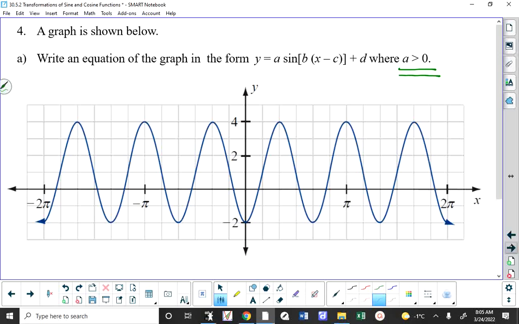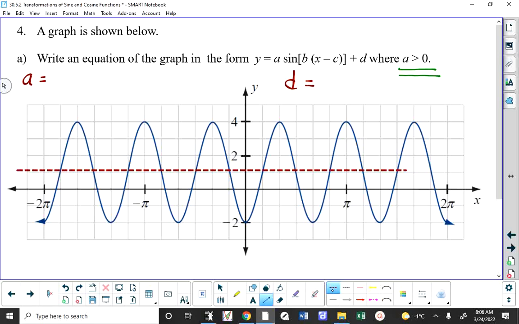The first thing we're going to do is figure out what the values of a and d are. A and d are the vertical parameters in trigonometric functions, and they are determined by looking at the middle of the graph, which would be here.